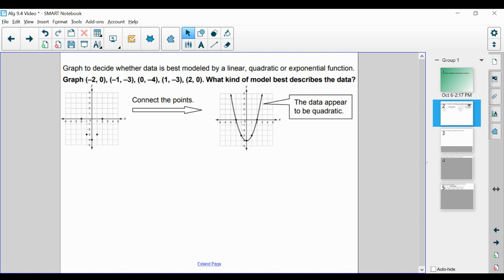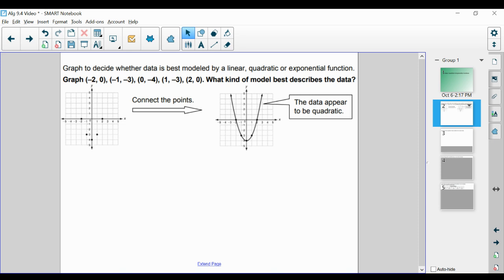It appears to present a quadratic function. So we would say that it's best described as a quadratic function because as we graph it, we see, hey, it looks like a parabola. That's one of the ways that we can compare to see which model best represents this set of data.